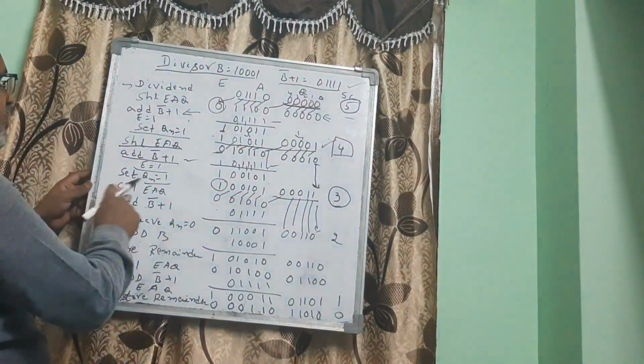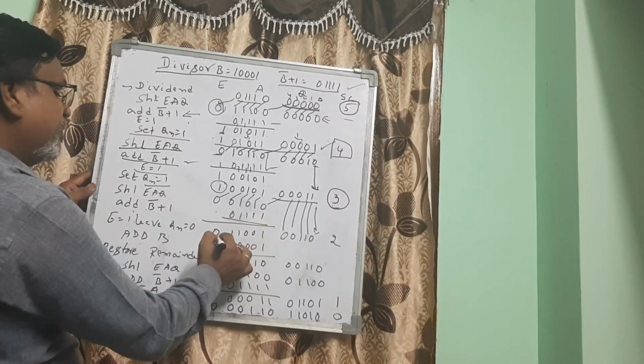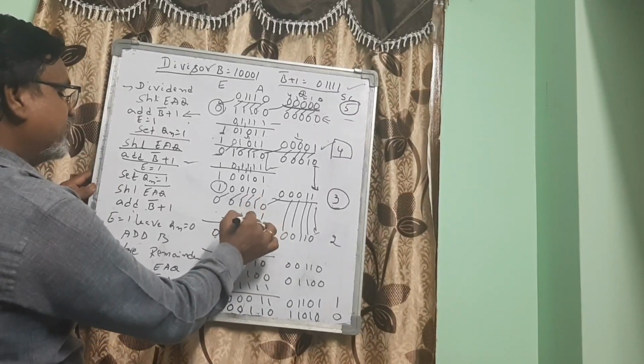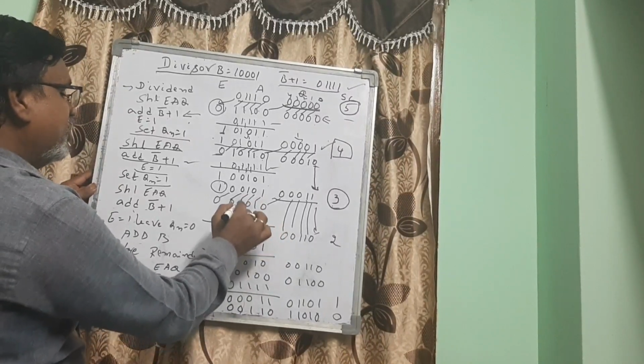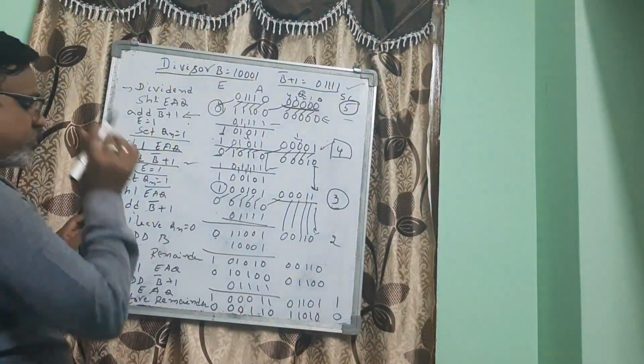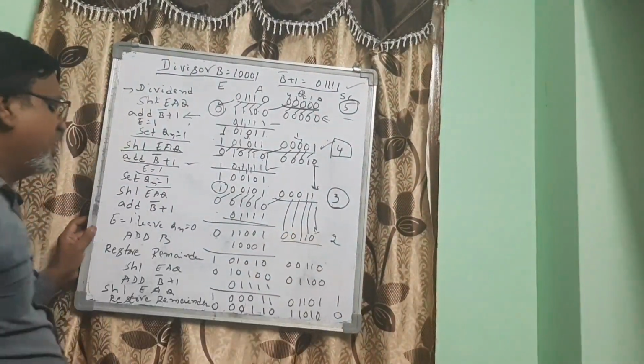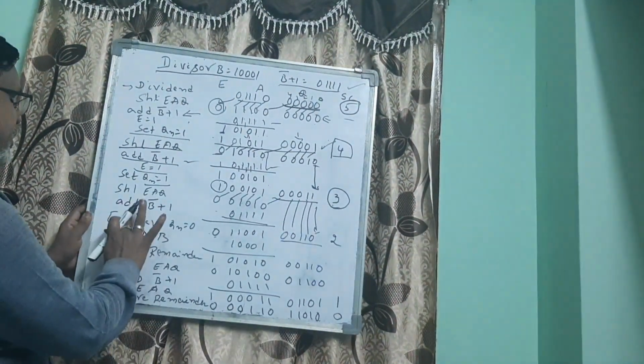So now again we are going to add here. So this is added. So 0 plus 1, 1 plus 1, 1, 0, 1 plus 1, 1, 0, 1 plus 1, 1, 1. So 1 as it is 0. So here Qn will simply be left as 0.